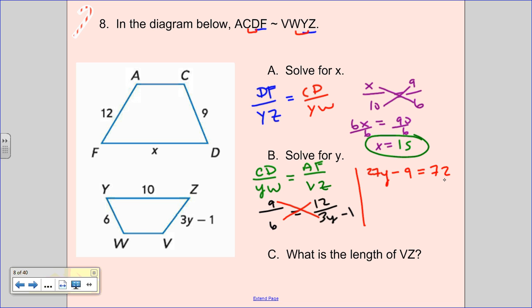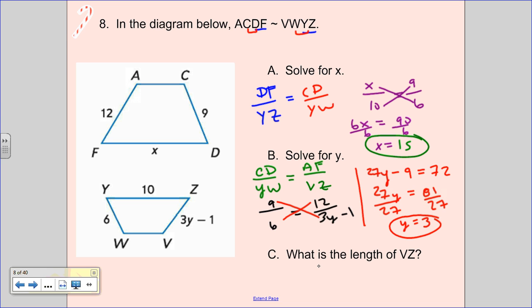Then I would add 9 to both sides, give me 27y is equal to 81. Divide both sides by 27. And I estimate that it'll be 3. And 3 is correct, just by doing a little bit of mental math here. So y is equal to 3.